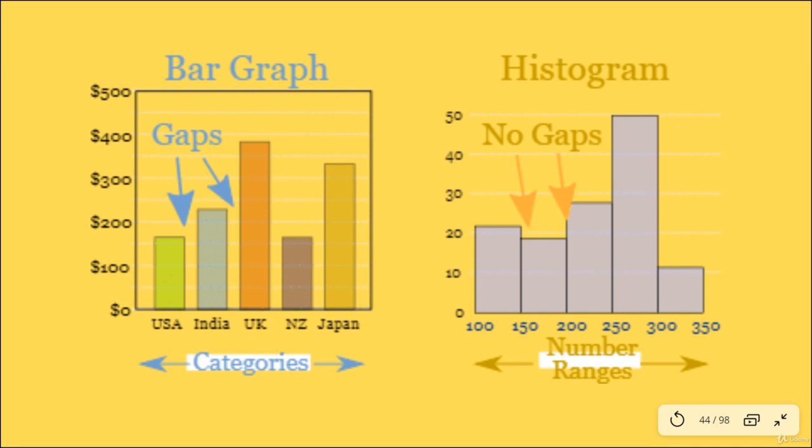But a histogram is totally about understanding the distribution of numerical data. So on the x-axis you will have numbers, on the y-axis also you will have numbers, and there would be no gaps between bars. In a bar graph, there would automatically be some gap between each bar, but that is not there in a histogram. So this is the ideal difference between a bar graph and a histogram.